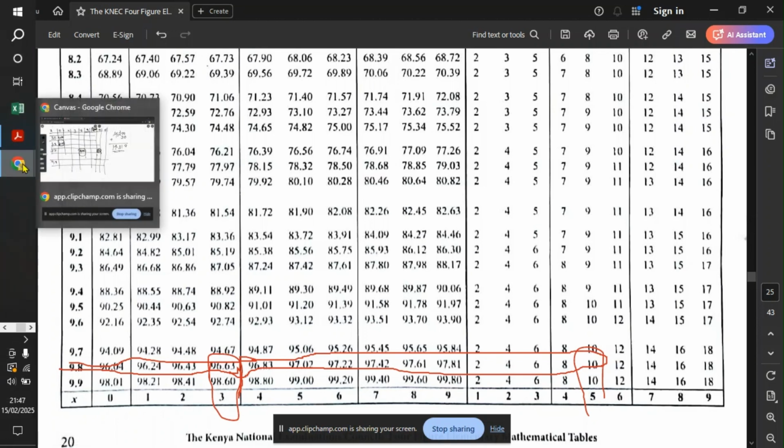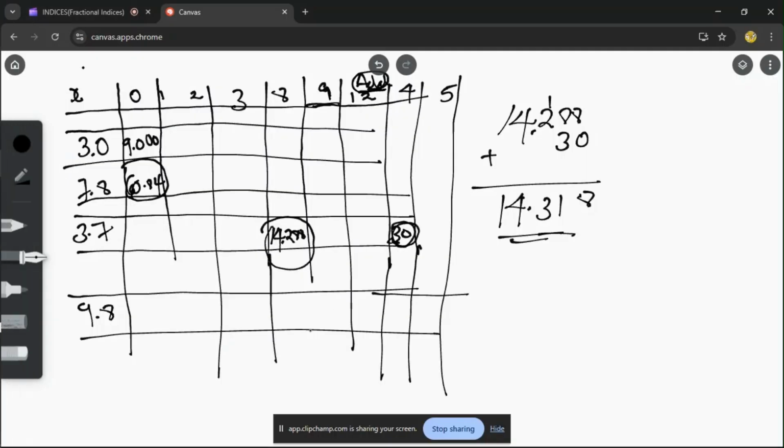The answer is from the value here, 9.83. The value here is 96.63, and here the value is 10. So now how should we write our answer?